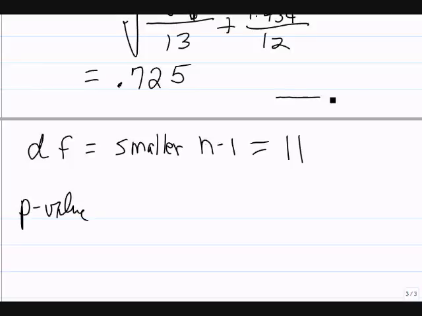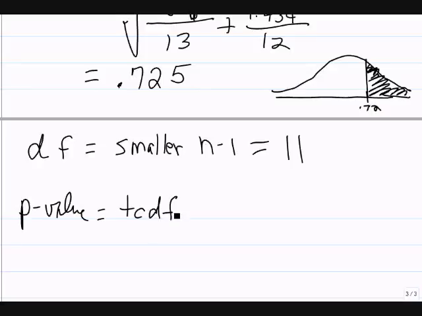All right, so my p-value, now let me think. I'm looking at my distribution here. I got 0.72. I'm looking at males being greater than females, so I'm looking at the right side of this distribution. So I want to do a T-CDF from 0.72 to positive infinity with degrees of freedom of 11.